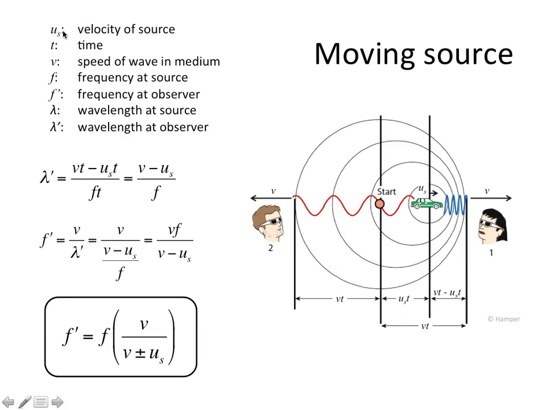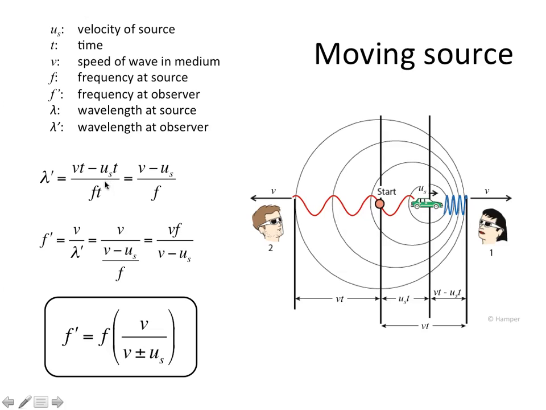The number of waves of this new wavelength, the wavelength as experienced by the observer the car is moving towards, should be the velocity divided by the frequency, the number of waves per second. But because it's compressed into a smaller area, it should be the number of wavelengths minus the difference caused by the motion of the car.